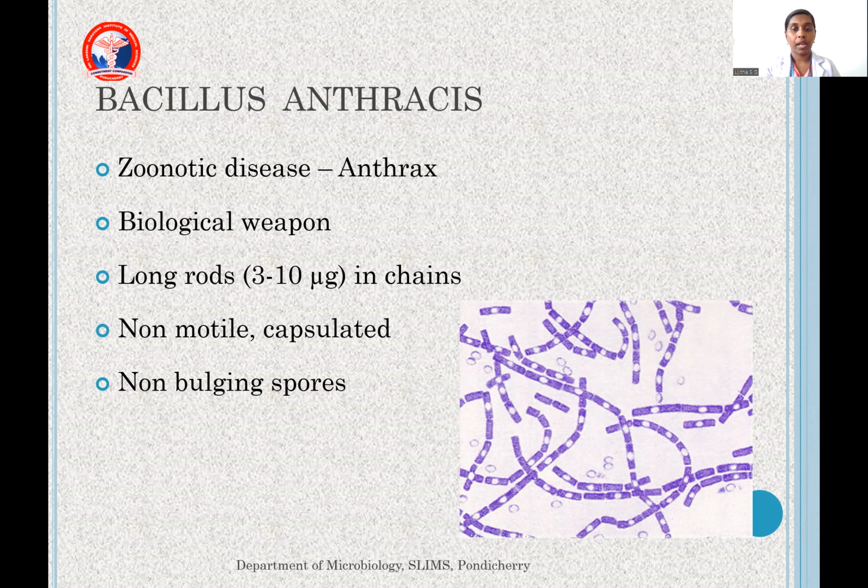On gram stain, you can see long rods arranged in chains, and there are non-bulging spores also. This typical appearance is known as bamboo stick appearance in gram stain. And as I have said, Bacillus anthracis is non-motile and capsulated.